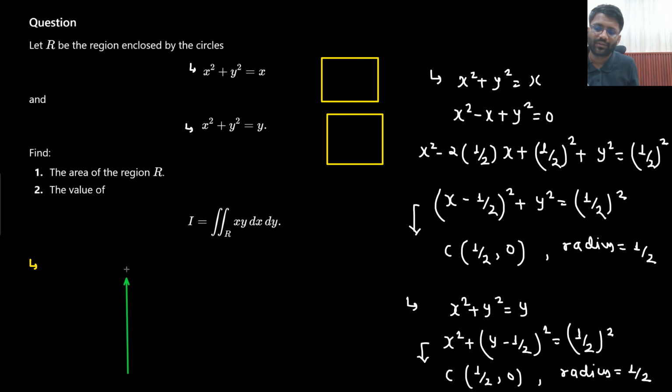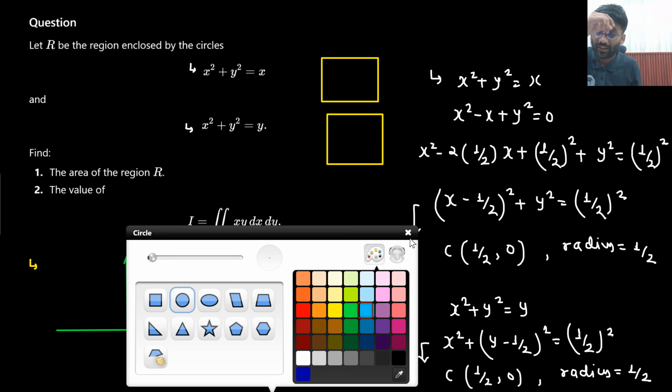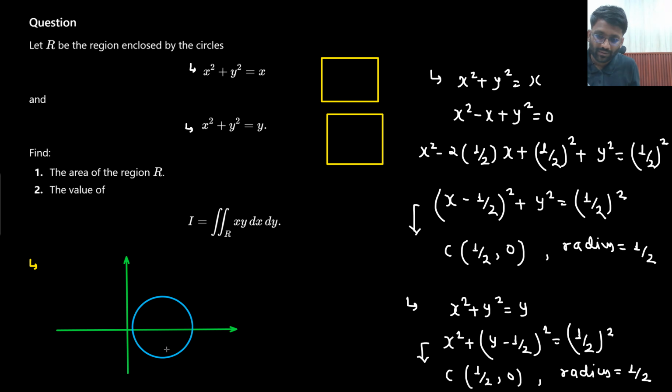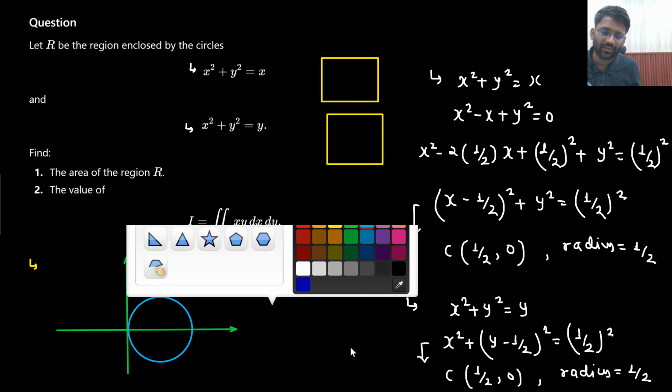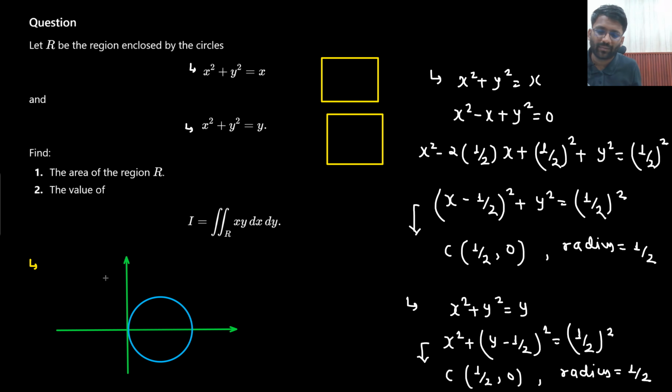So what kind of shapes will you be getting? Centered at 1 by 2 comma 0, radius of 1 by 2. Next, centered at 0 comma 1 by 2, radius of 1 by 2. Say yes or no.